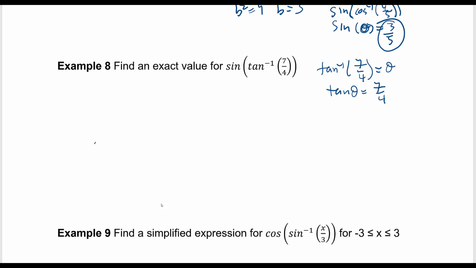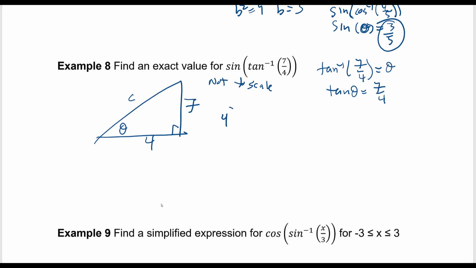So if I make a right triangle, not to scale, tangent is opposite over adjacent. So opposite is 7, adjacent is 4. I say not to scale. Okay. We would use the Pythagorean theorem to find this side C, because sine is going to need the opposite over hypotenuse.